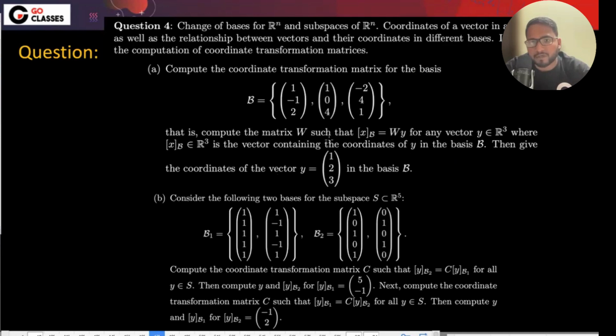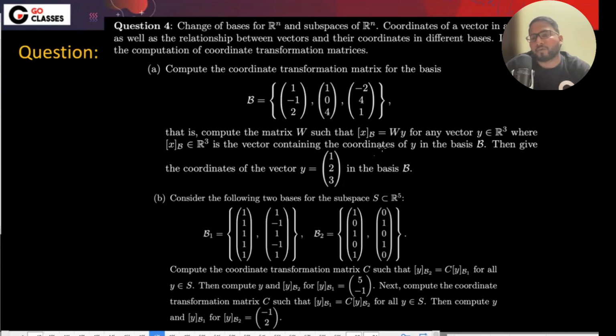That is, compute the matrix W such that it can transform to this coordinate. From any standard basis, y is in the basis B, the vector containing the coordinates of y in the basis B.